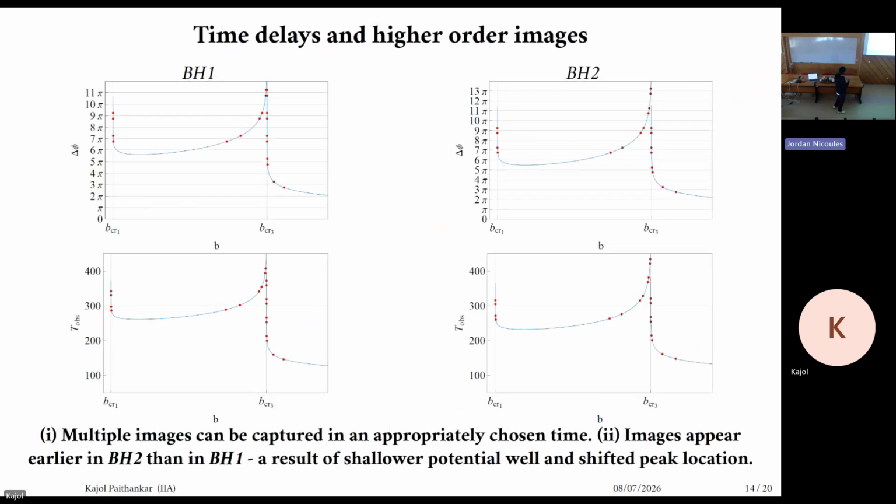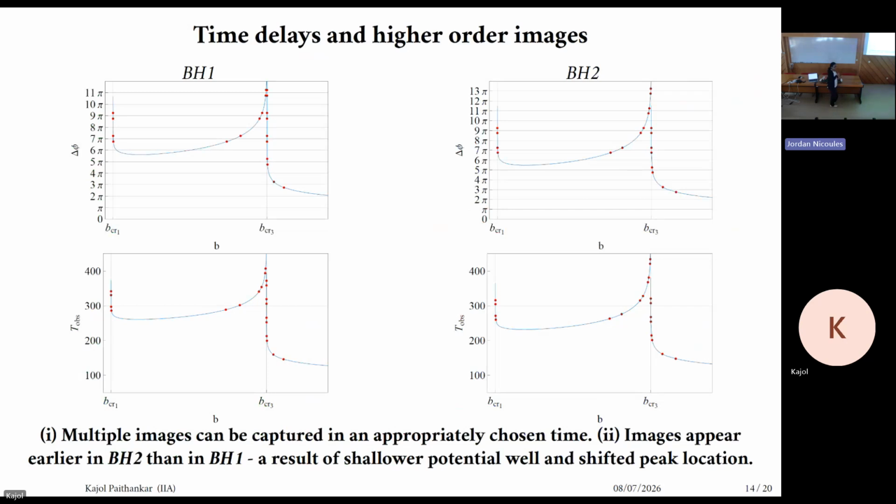So this is again finding the angular distance and time, and these red dots are the trajectories that connect the source and observer that I showed you some time back. If I fix the observer but keep the source on the whole ring of that same radius, this is the curve that I will get.